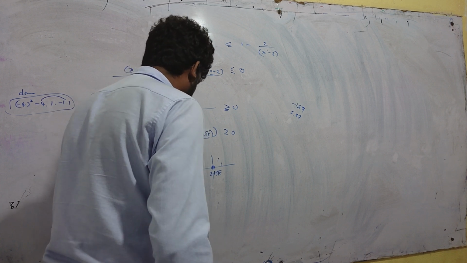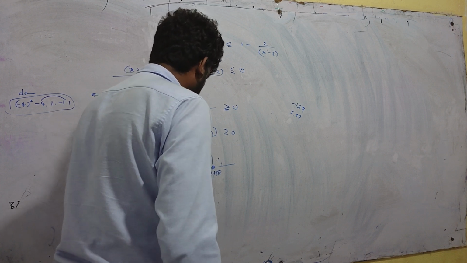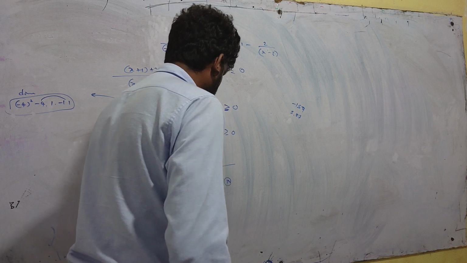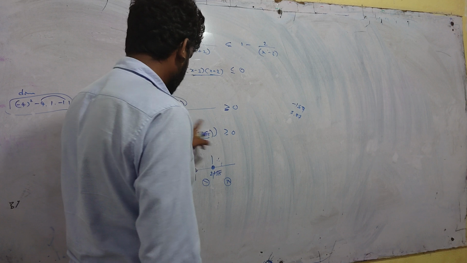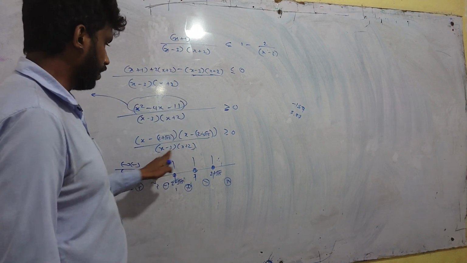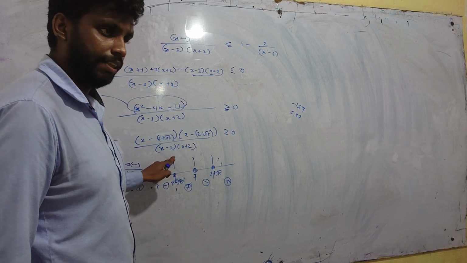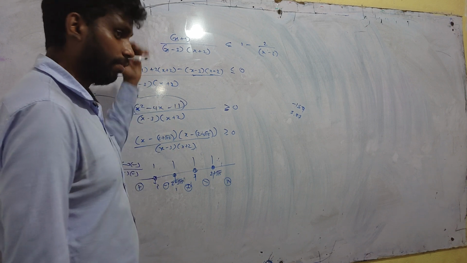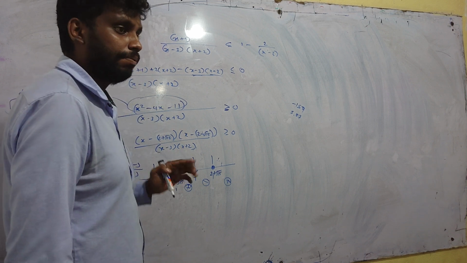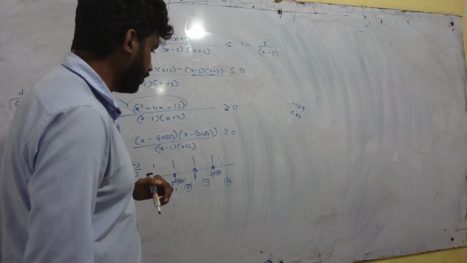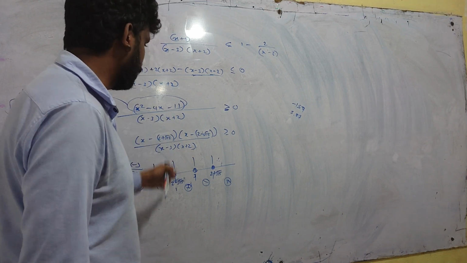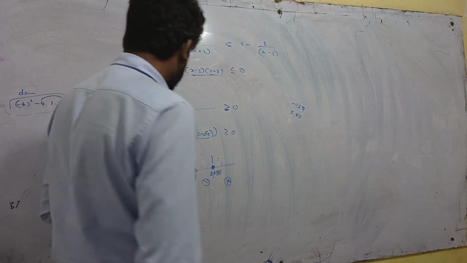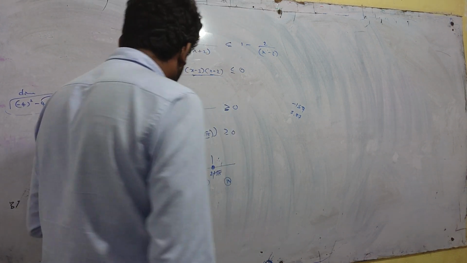Greater than or equal to 0 means it can be equal to minus 2 also, but since this is a denominator, these two can't be equal, because that can go up to infinity. Around these vertical asymptotes we can't get the equal sign, right? So just less than minus 2.